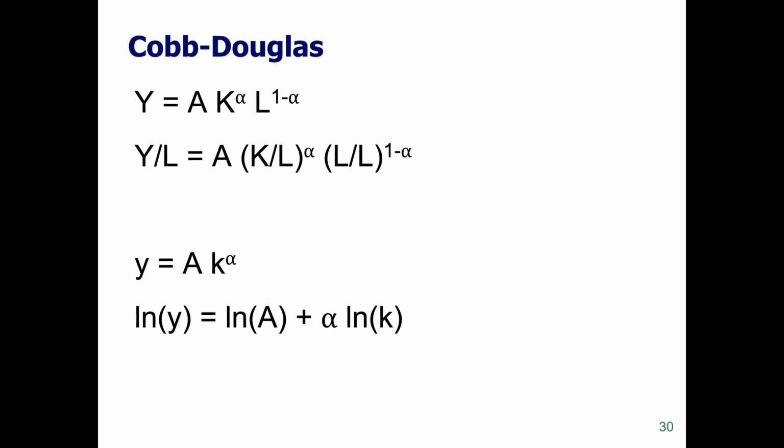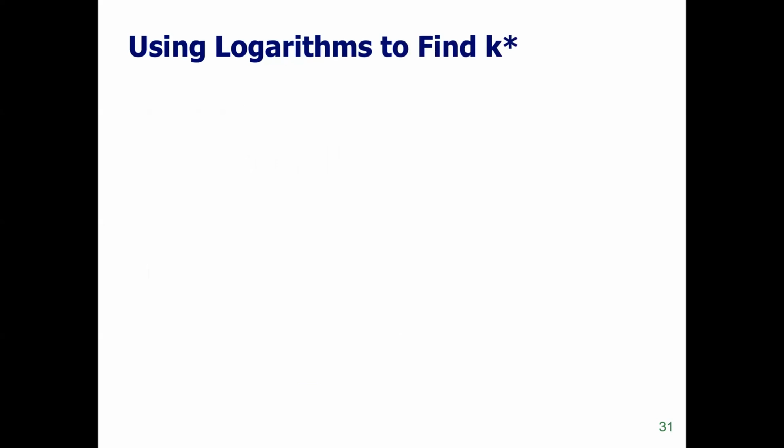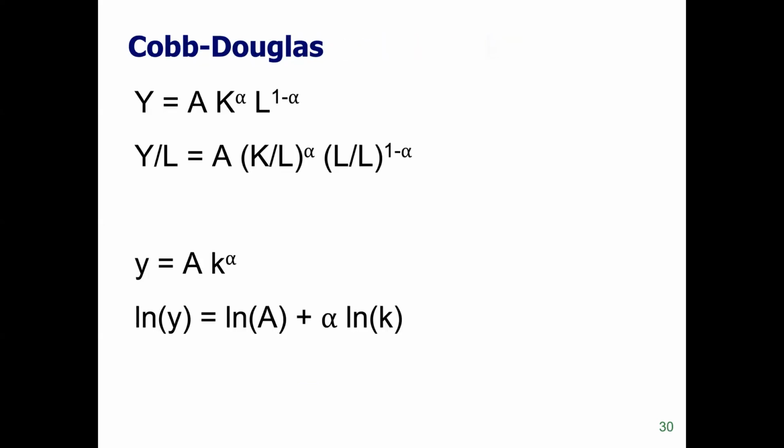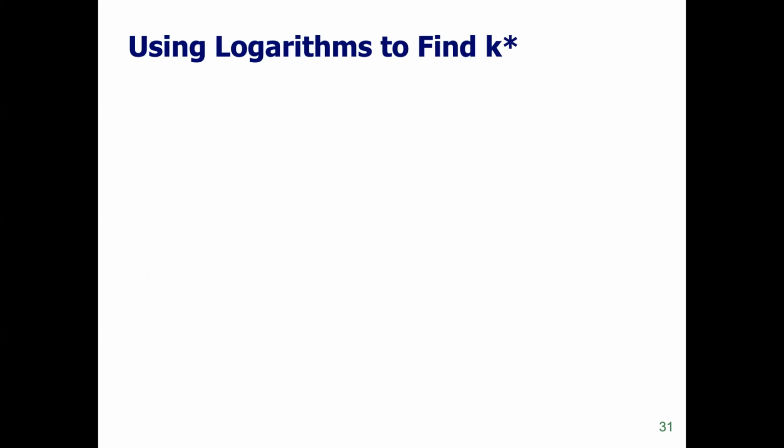Once we take logs, we have log output per worker linear in log capital per worker. Now if we use logarithms, it becomes relatively easy to find the equations for the steady state capital stock.